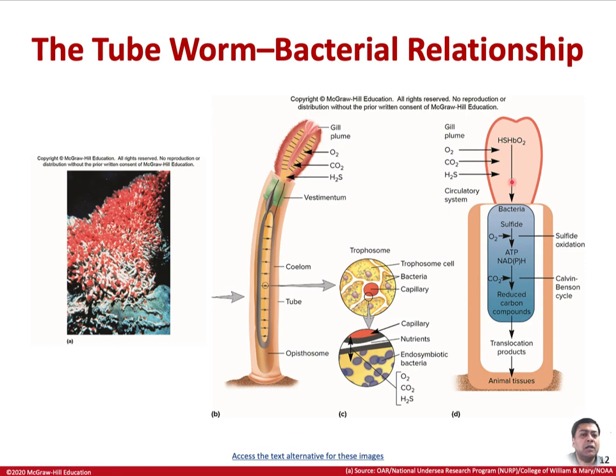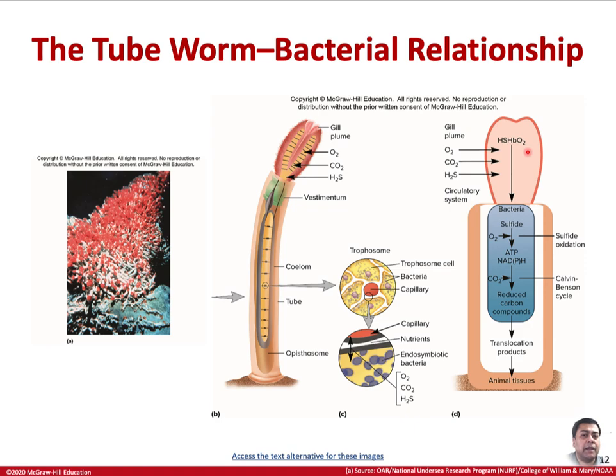On the other hand, here we are looking at the different types of reactions that are going on in these tube worms. From the surrounding seawater, using the gill plumes, oxygen, carbon dioxide, and hydrogen sulfide are taken in.